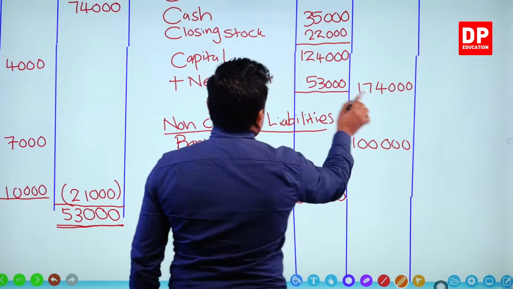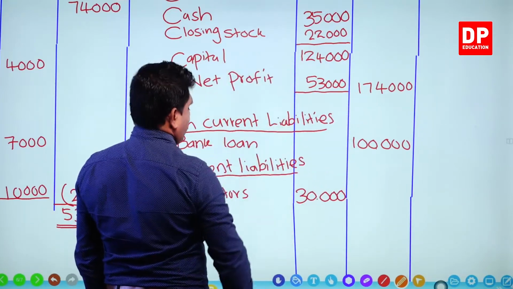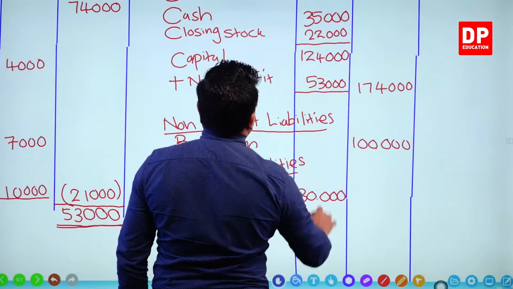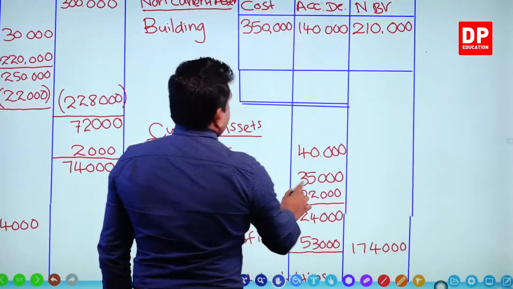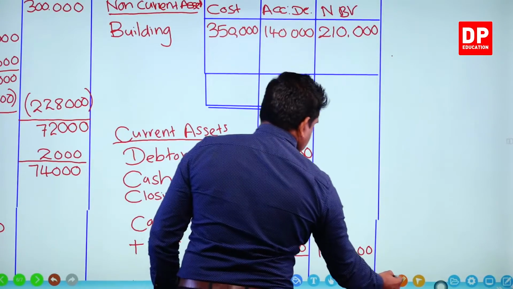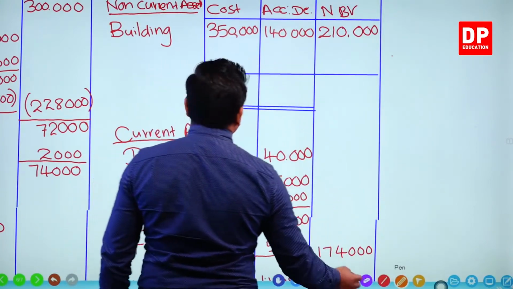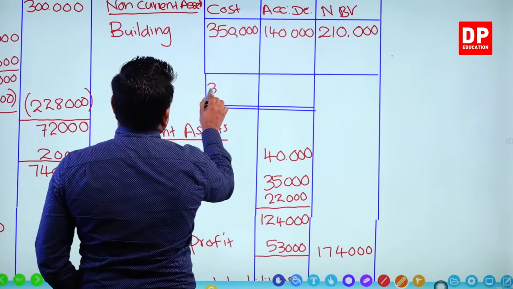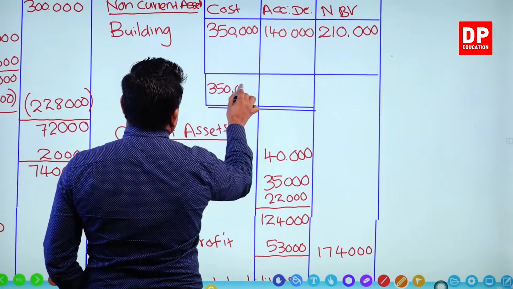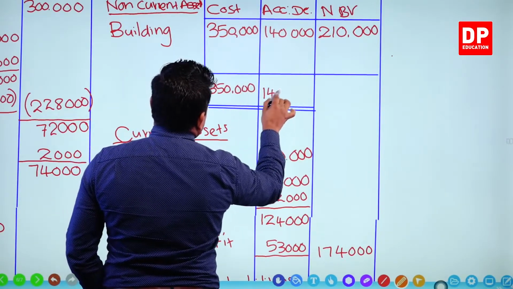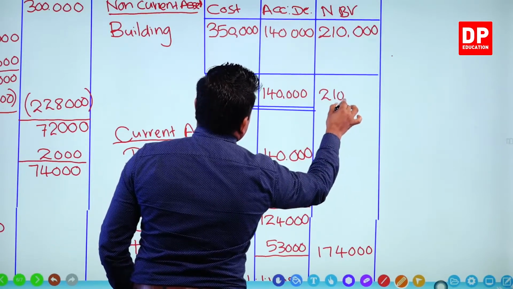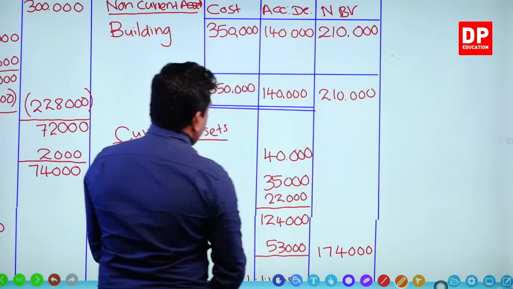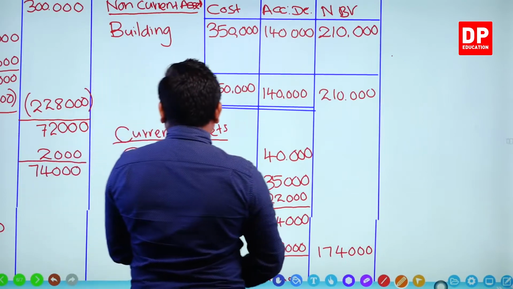Right? Here I add only capital plus net profit, right? Then you go to the up. Here 350,000. Here 140,000. Here same 210,000.